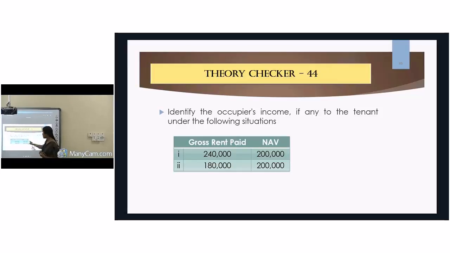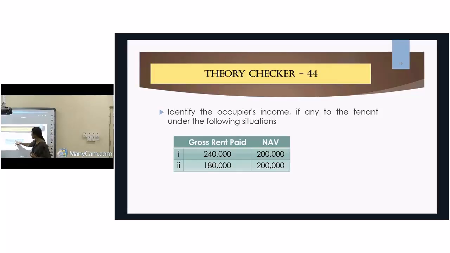I haven't put the net rent here because the net rent is less than the NAV, which is why we identify the occupier's income. Since the net rent is less than the NAV, definitely the NAV would be the owner's income, but still we check whether there is an occupier's income.